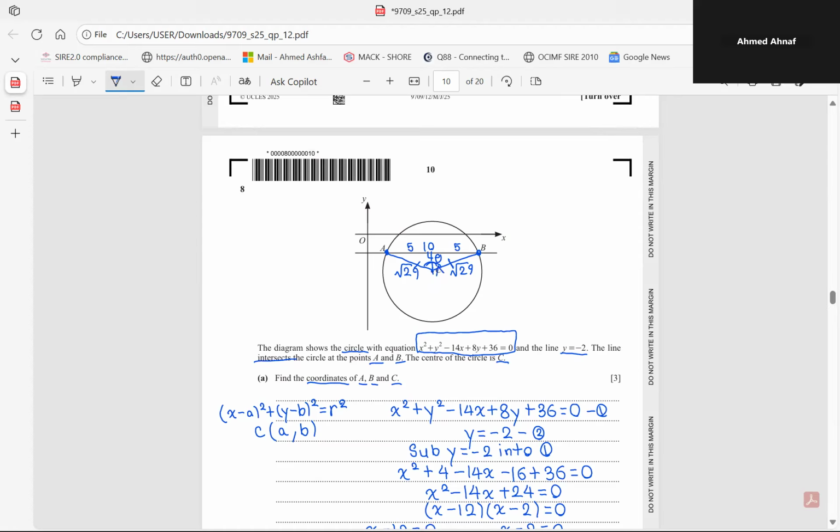So we'll get half of theta. So theta over 2 would be, okay, opposite over hypotenuse. So sine inverse 5 over square root 29.